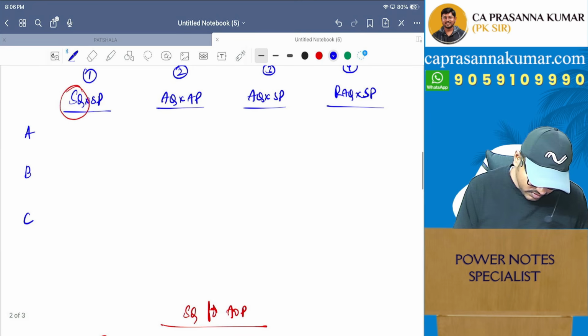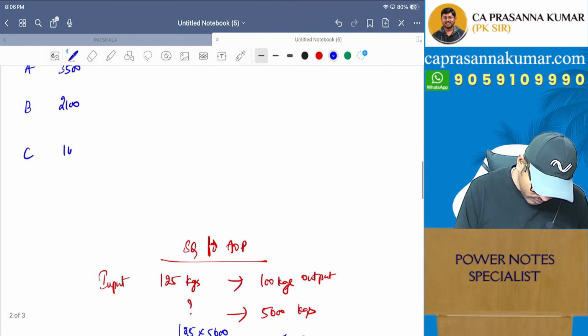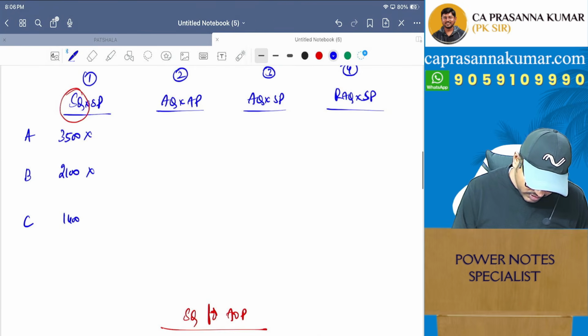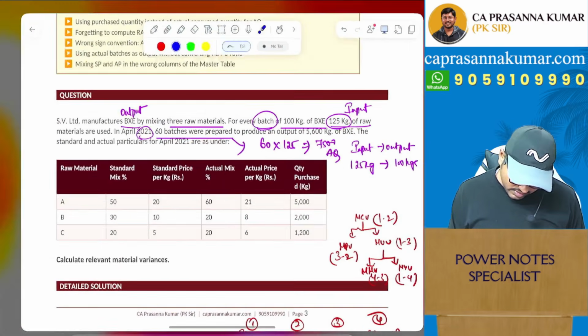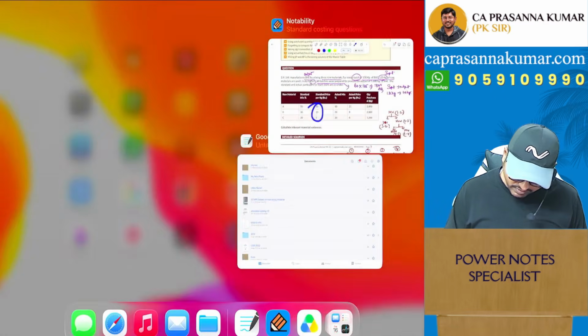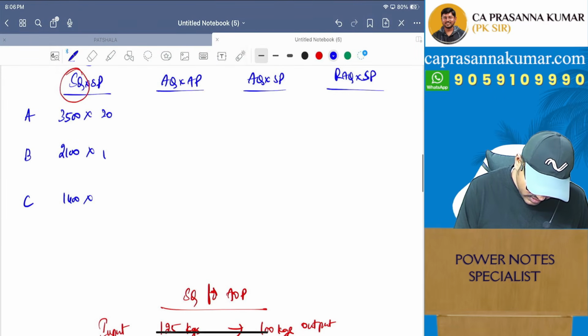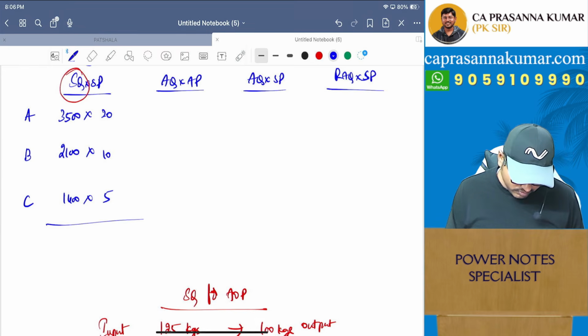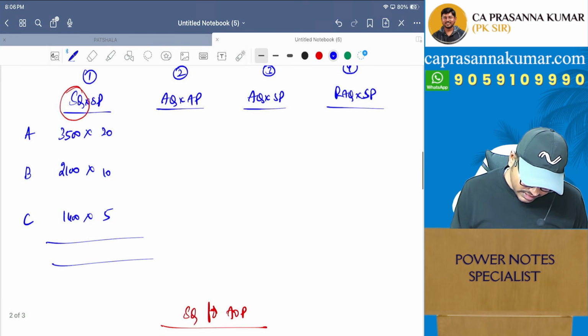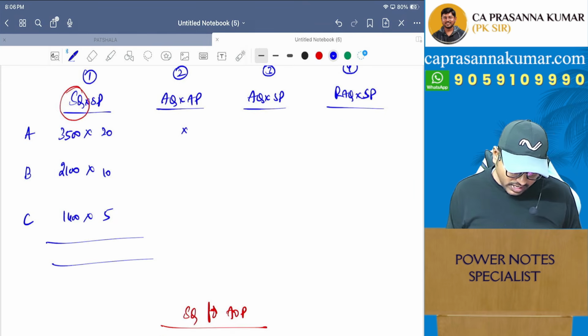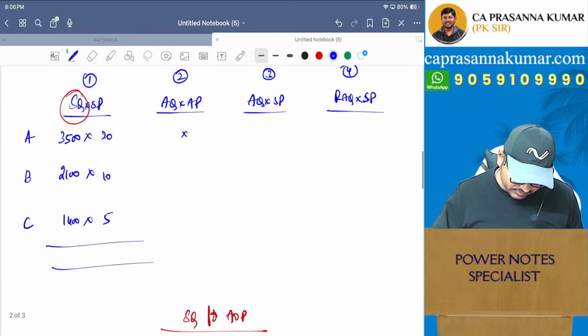Now SP is very easy. What is your standard price? It is given in the question: 20, 10, 5. Put it over here. Total it up, and you get your first one. Now actual quantity into actual price. What about actual quantity? Let's have a look into that.